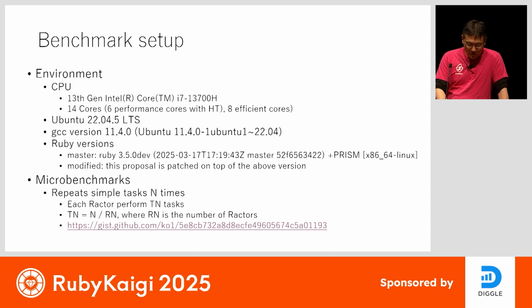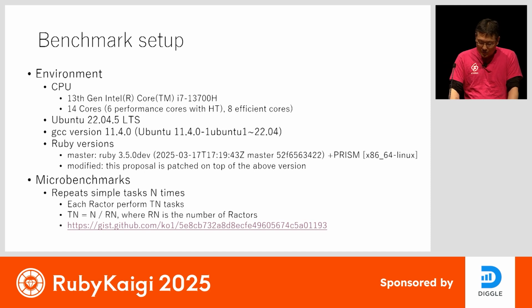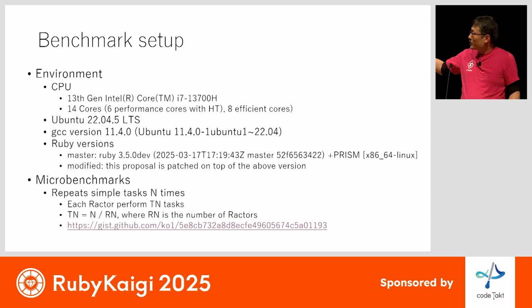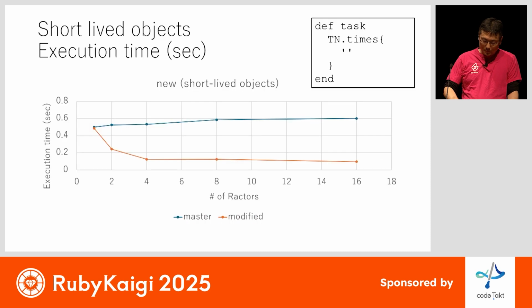For micro benchmarks, we repeat simple tasks n times across Ractors. Each Ractor performs Tn tasks, where Tn is defined as n divided by the number of Ractors. The benchmark script is available on this GIST page.